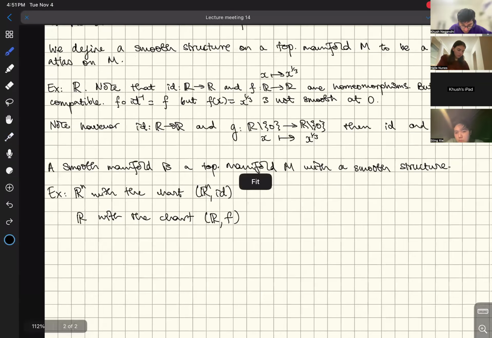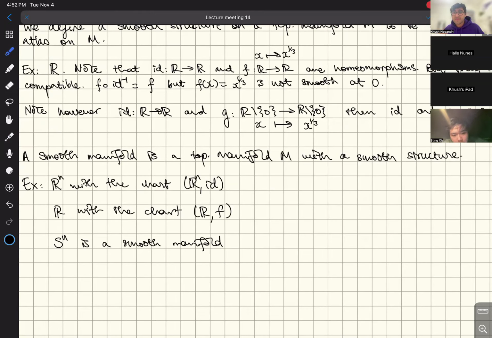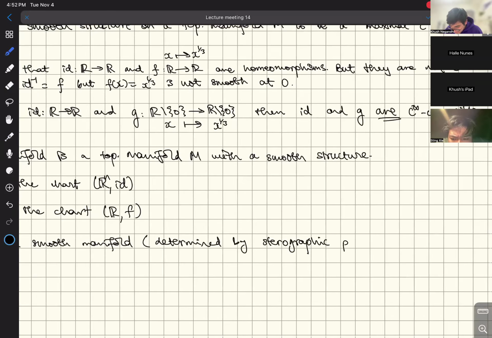We'll see that S^n is a smooth manifold. And you might now complain that I haven't given you charts. That's fine, because the charts here are determined by something called stereographic projection.